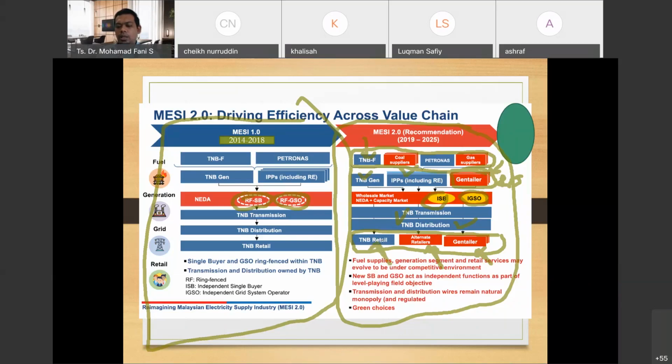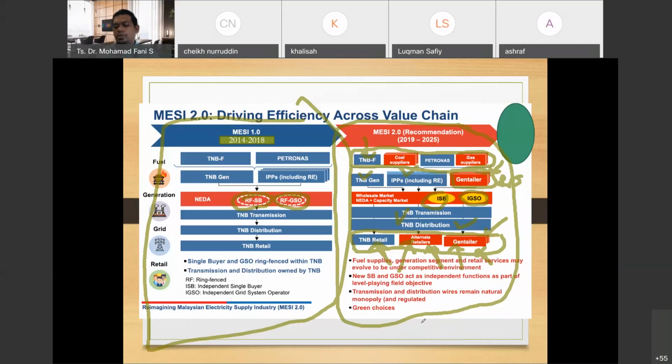TNB has its own retail, and there are competitors like we have in telco right now: we have DiGi, Maxis, Celcom, etc. That's the opportunity for the consumer to get their own selection of provider, or if they want a direct gentailer, for example from the RE, they can select the gentailer to supply directly.